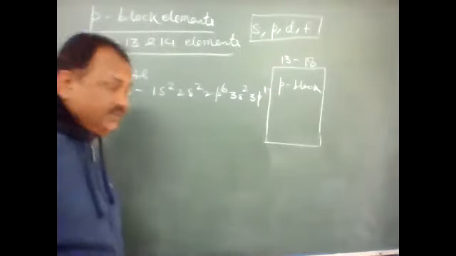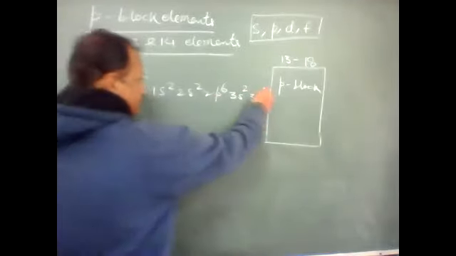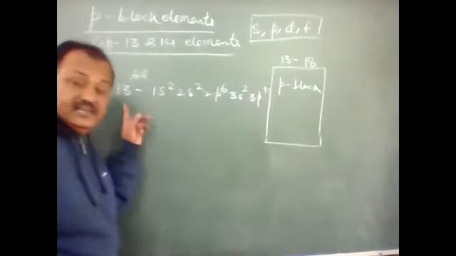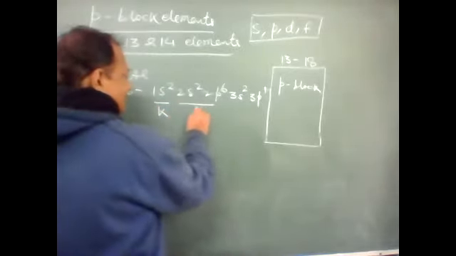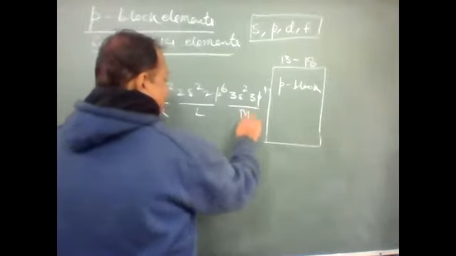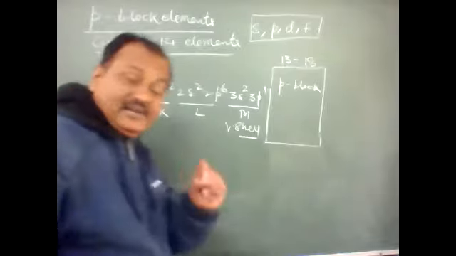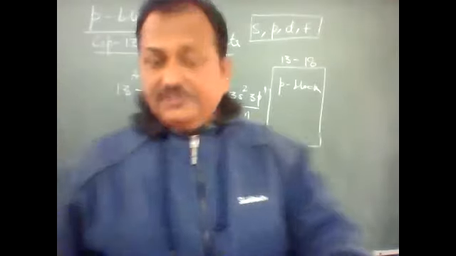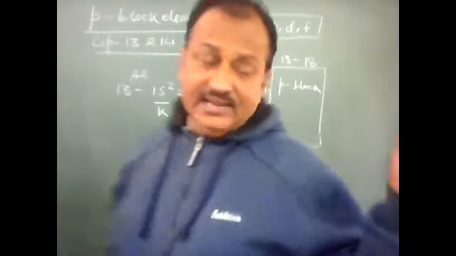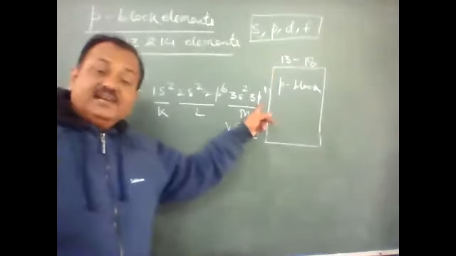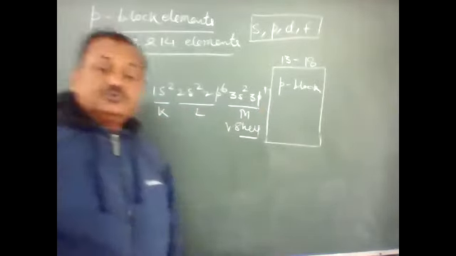So 2, 4, 6, 8, 10, 12, and 1, this is 13. This is the K shell, this is the L shell, this is the M shell, the valence shell. Similarly, the electrons enter the valence shell. So here it is the valence orbital.